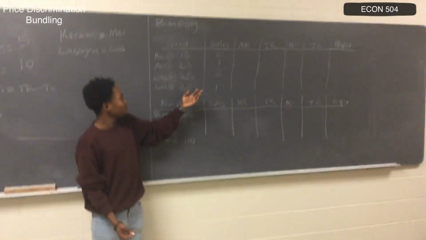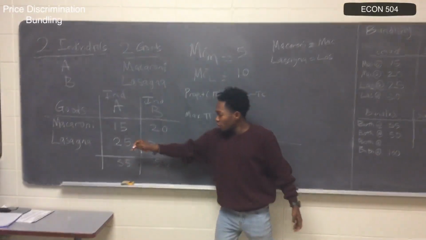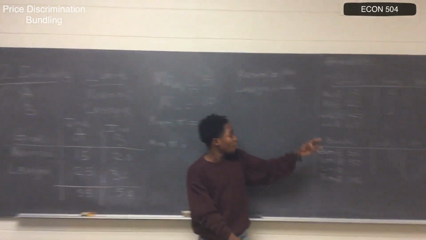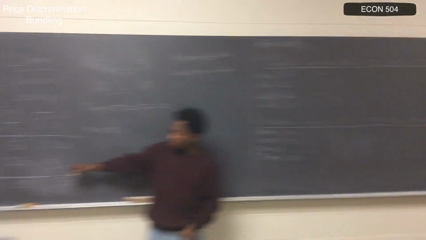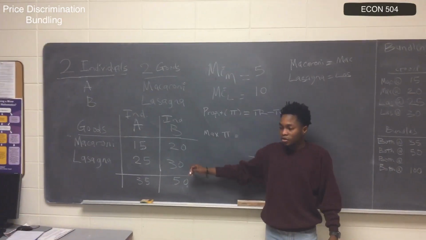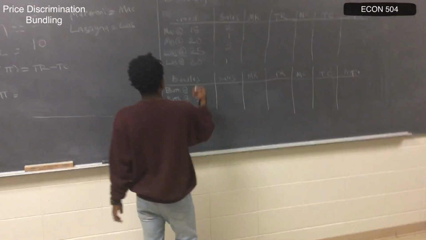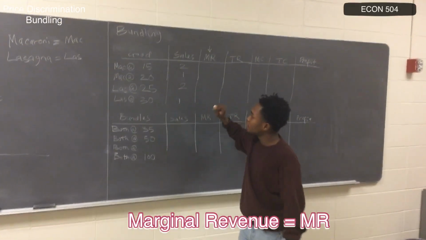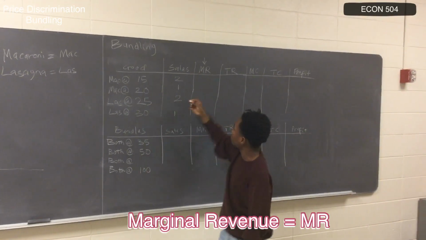For lasagna, it follows the same pattern because if it's sold for $25, both individuals will buy it for that price. But when it's sold at $30, only one individual, who is the second, will buy it for that price because it is sold at a higher price. So in this case, we look at the marginal revenue of selling this good. The marginal revenue of selling this good is the actual price, so that is 15.